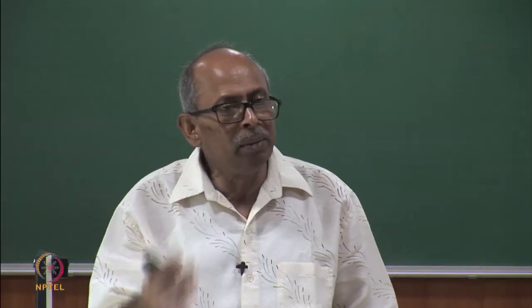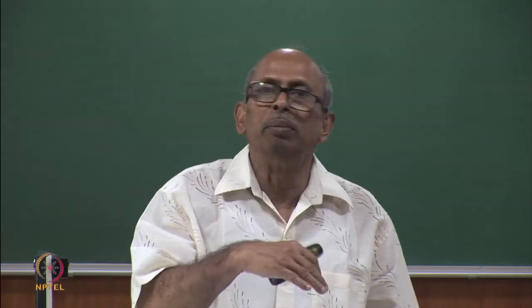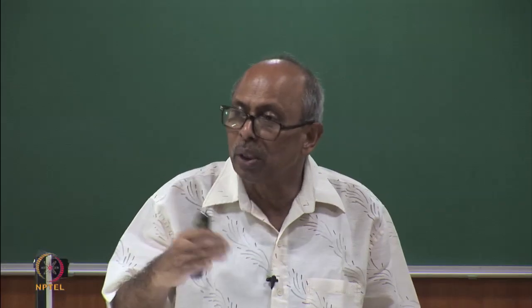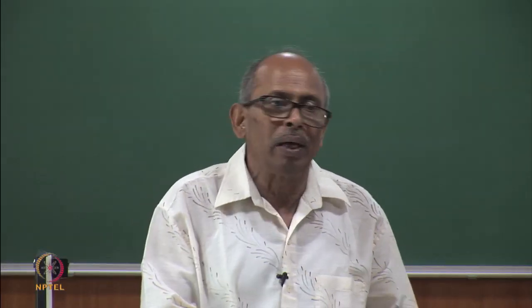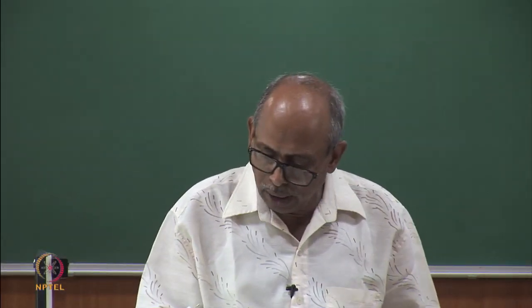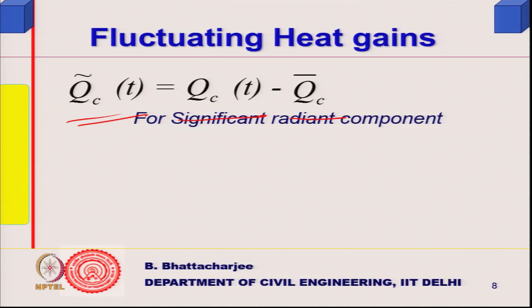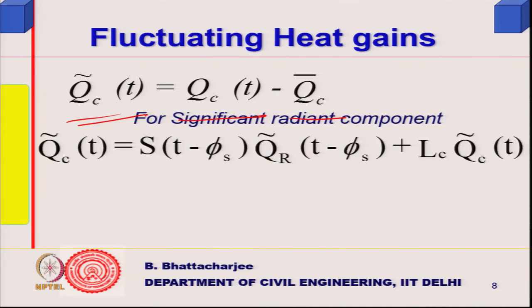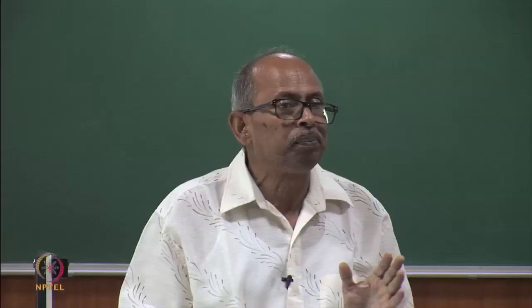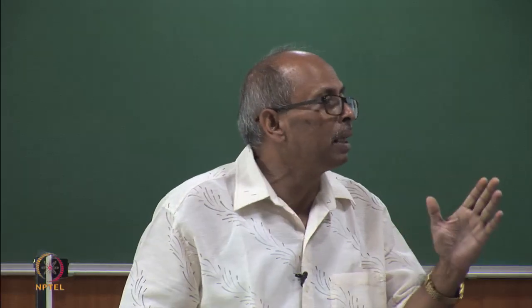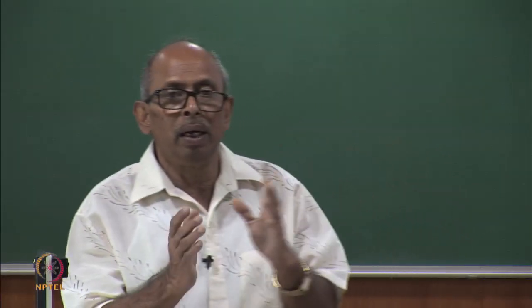Take the average, that is the mean that you have used in finding out the mean temperature. Fluctuation above that value is the fluctuating component. So, that is the total at a given time minus the mean, that is the fluctuating component. So, for significant cases, if there is a radiator, for example, you have a heater.